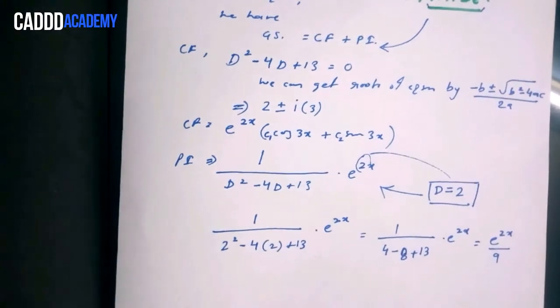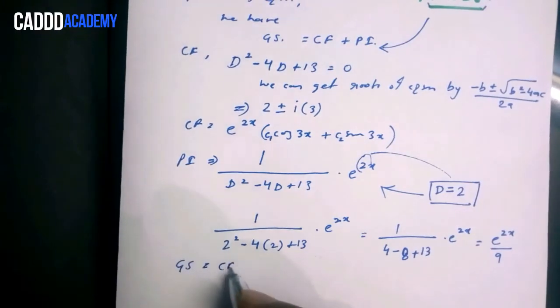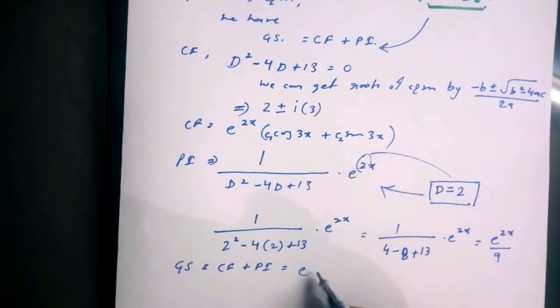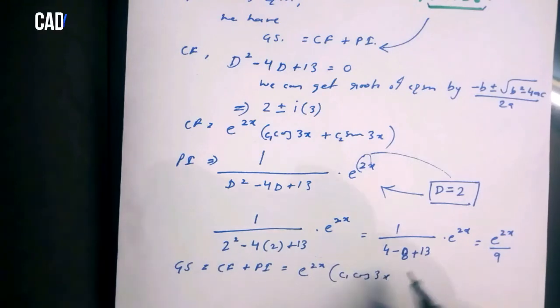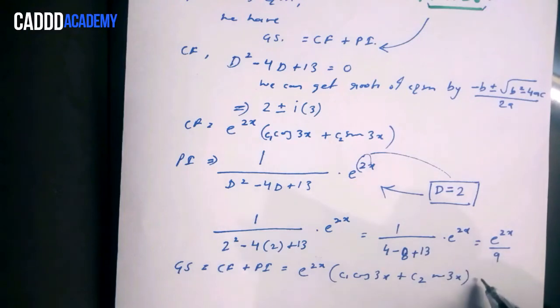So the complete general solution will be CF plus PI, which is e to the power 2x (c1 cos 3x plus c2 sin 3x) plus e to the power 2x by 9.